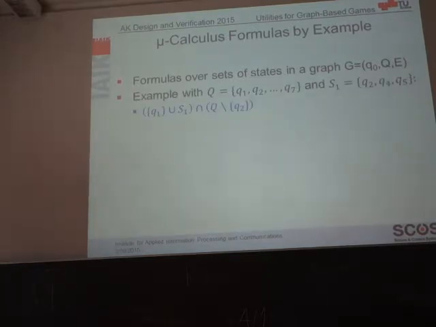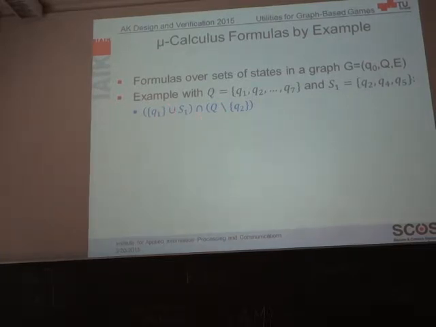As an example, we can use in Mu-Calculus formulas all the usual set operations you're used to. So set union, set intersection, or set subtraction. So this would be a Mu-Calculus formula for a certain game graph.